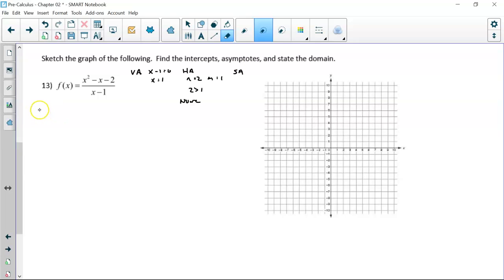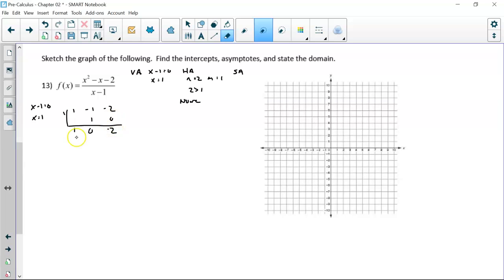For the slant asymptote, now I'll show you what it looks like if we did synthetic division. Set x minus 1 equal to 0, so x equals 1. On the inside, 1, negative 1, negative 2. 1 goes on the outside, bring down the 1. 1 times 1 is 1. You get a 0 and a negative 2.